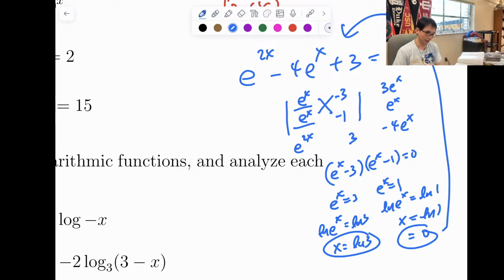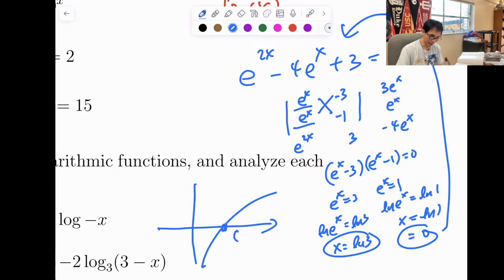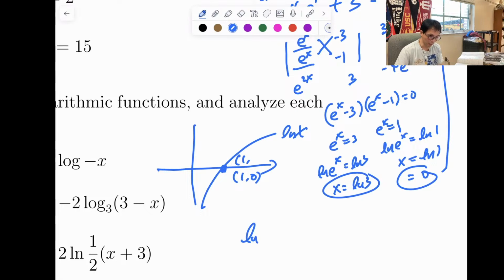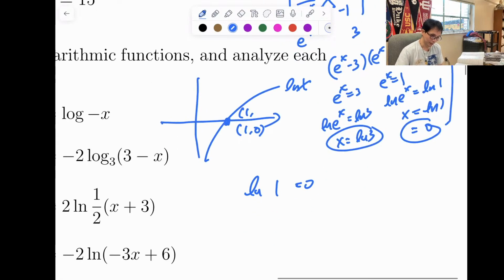Natural log of 1 is 0 because the graph of natural log of x, right? So this is a 1, so this is the point 1 comma 0. So natural log of 1 is 0. Also, natural log of 1 is 0 because that means log base e of 1 equals something, right?